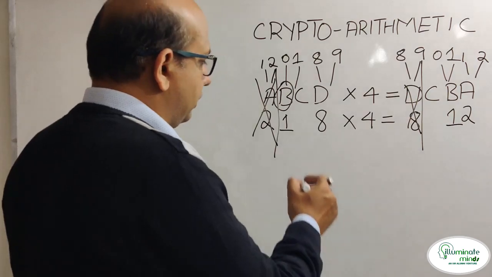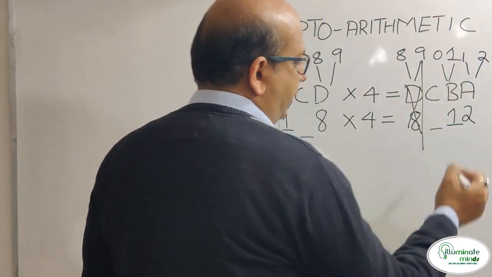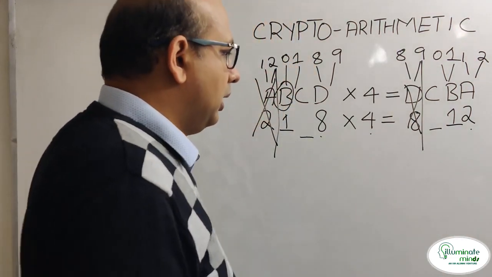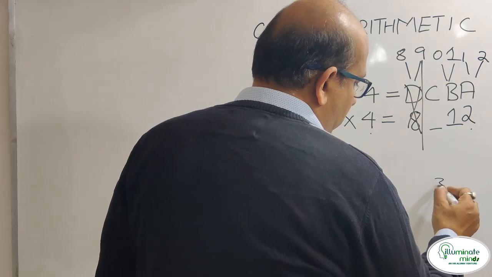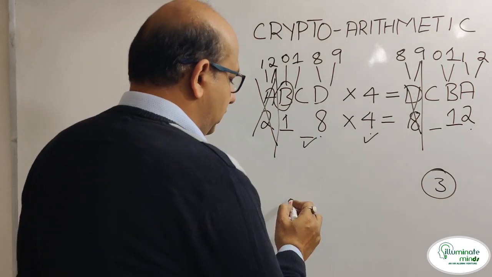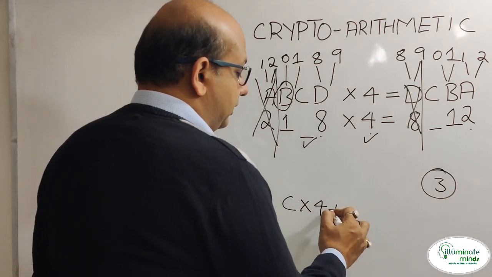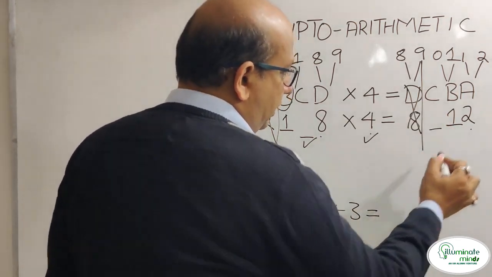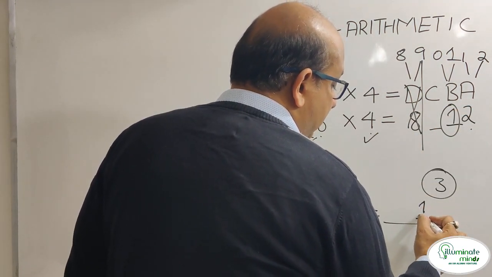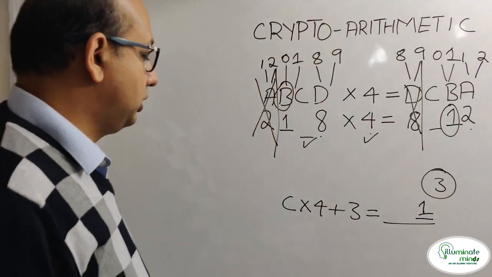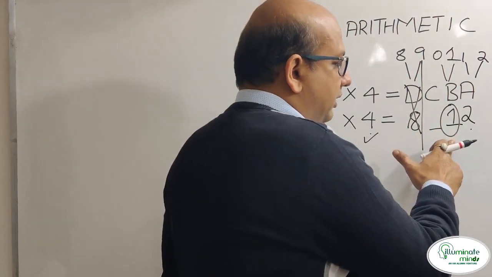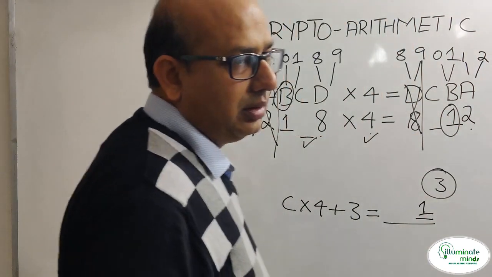Now there is only one value left for C. That can be done through multiple ways. That should not be a problem. 8 4s are 32. I have already noted down 2. The carryover is 3. Next, as in normal multiplication, C into 4 plus the carryover 3 should result in a number which should have 1 as its last digit, and the rest of the number would be the carryover.